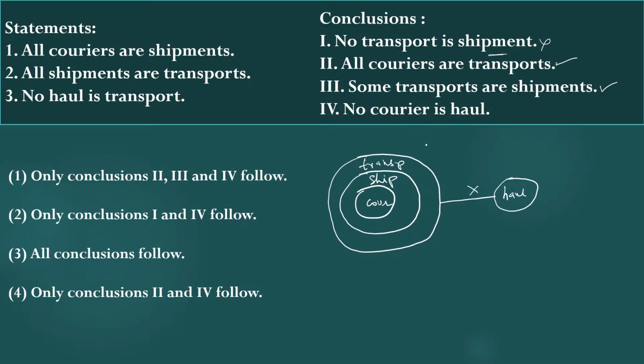Conclusion 4: no courier is haul, no shipment is haul, no transport is haul, yes, this follows. So option 1, only 2, 3, 4 follow, is correct. Conclusion 1 is false because according to the Venn diagram, some transport is shipment.